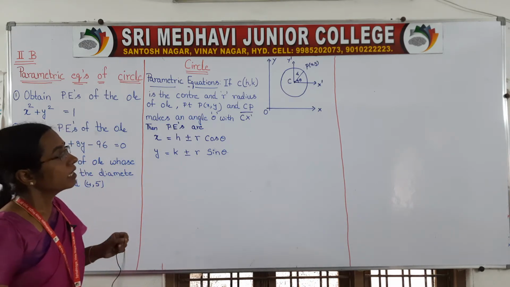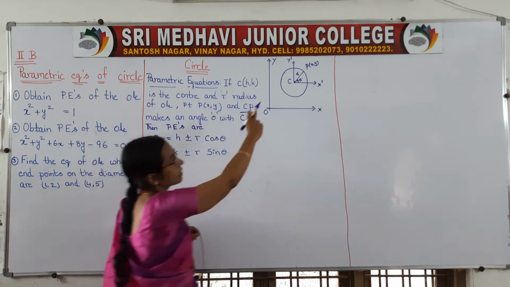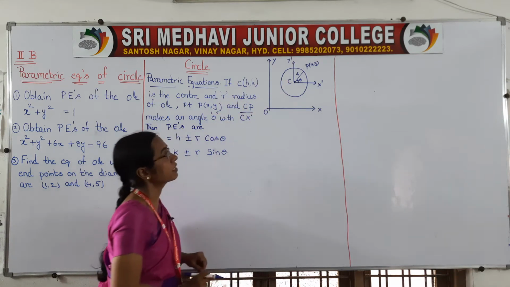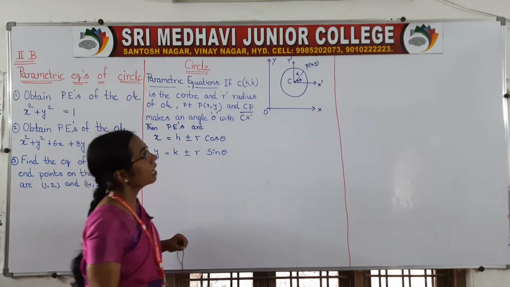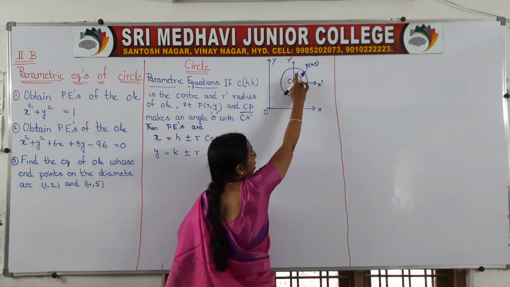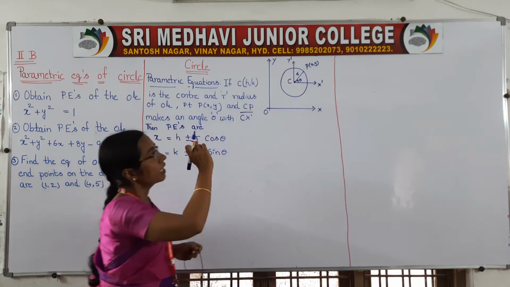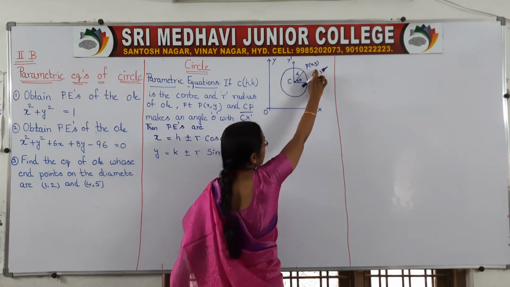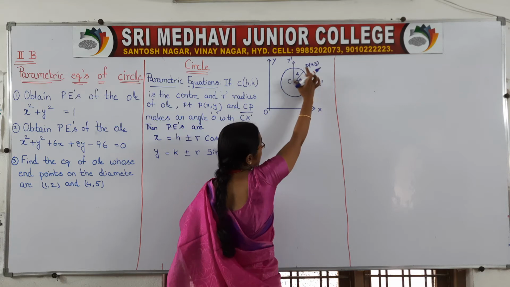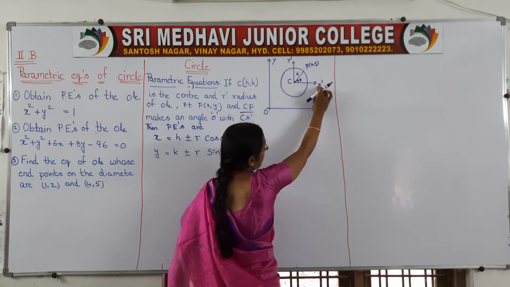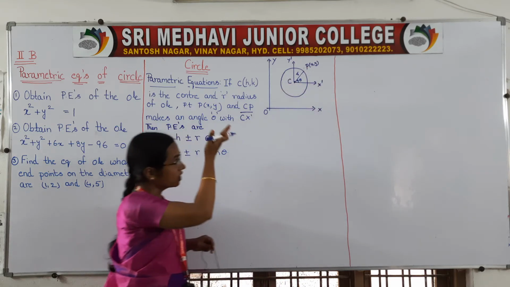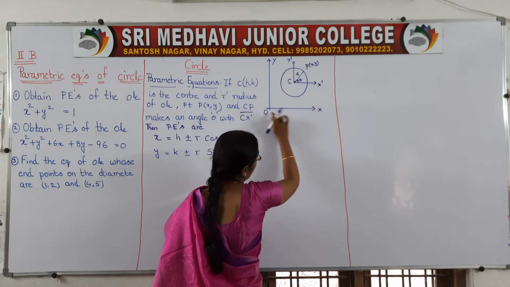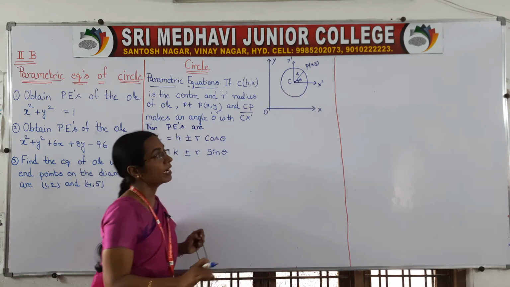Once again, one circle is there, its center is C(h, k). You know the center of the circle is denoted by C(h, k) and the radius is r, right? So CP passes through the point P(x, y). This CP line makes an angle theta with Cx dash, which is parallel to OX, right?